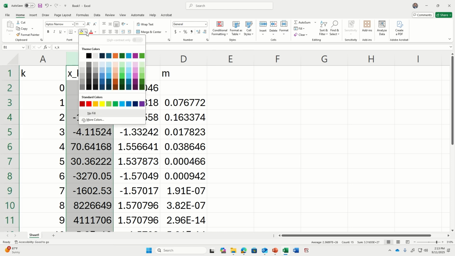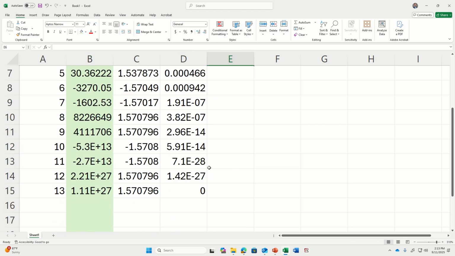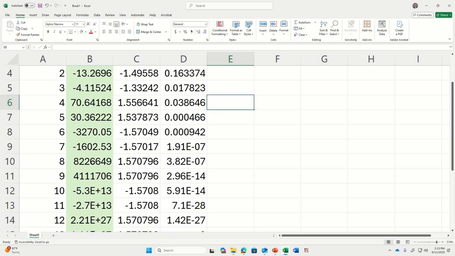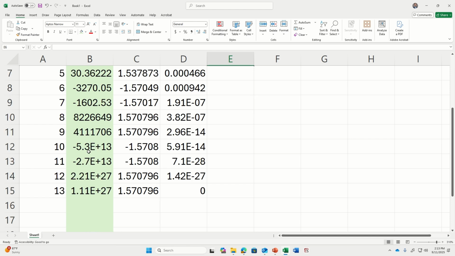Look at column B. The number just keeps getting larger. I mean, it bounces around, I guess. 70, 30, 3,000, 1,600, and then big number, big number, big number. It's diverging. A lot like Newton's method sometimes failed, right?